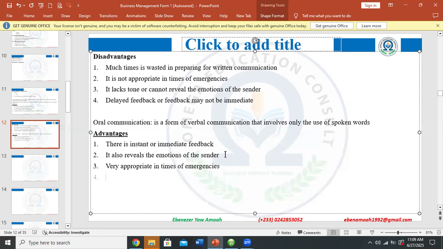Okay, professors, is that all, or do you want to add? I think we would add the fourth one, and then maybe we'll look at the disadvantages. You can say it's a quick or faster way to get information to a large crowd at a go.